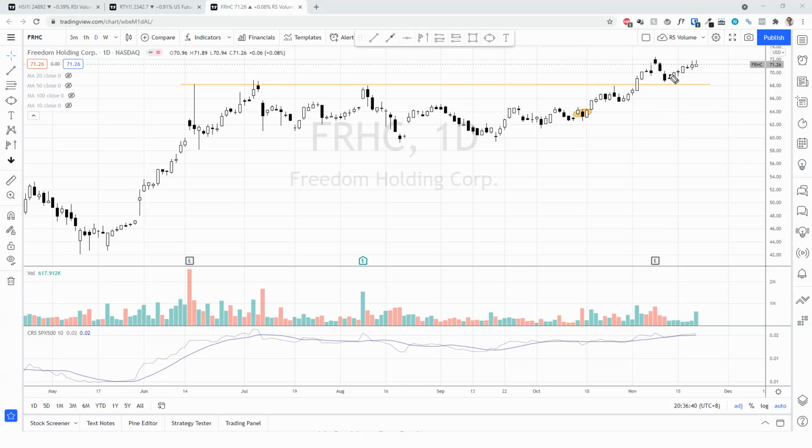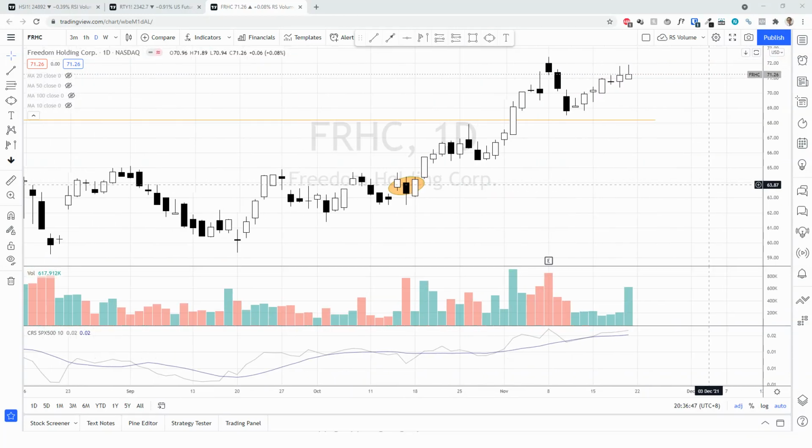At the moment, the price is probably having a little bit of rejection. We can see it from the rejection tail, especially on last Friday, there is a spike of volume.